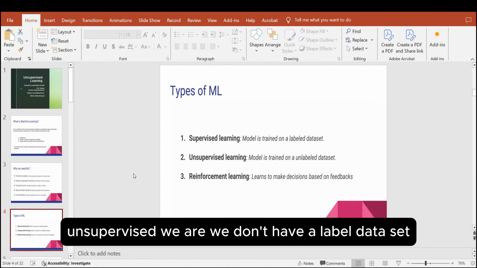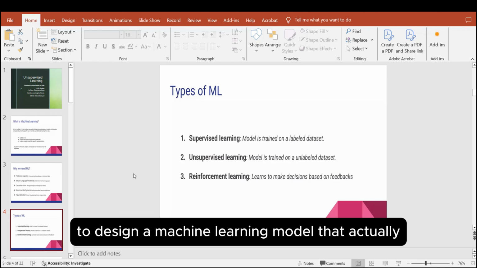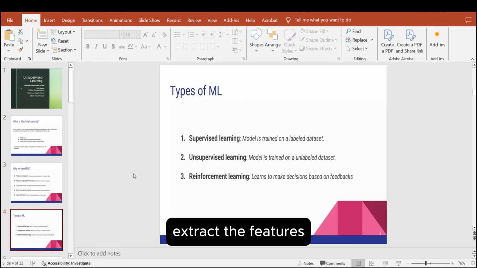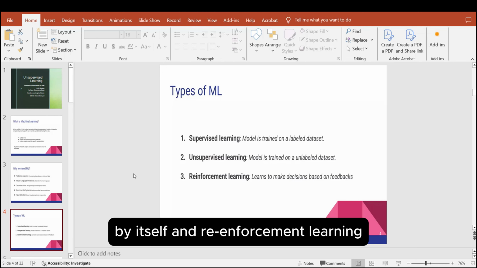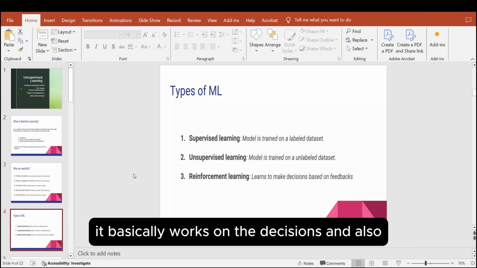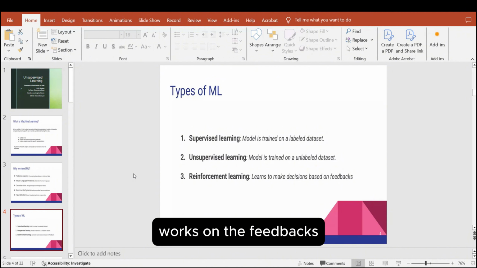In unsupervised learning, we don't have a labeled data set, so we have to design a machine learning model that extracts the features by itself. And reinforcement learning works on decisions and also on feedback.